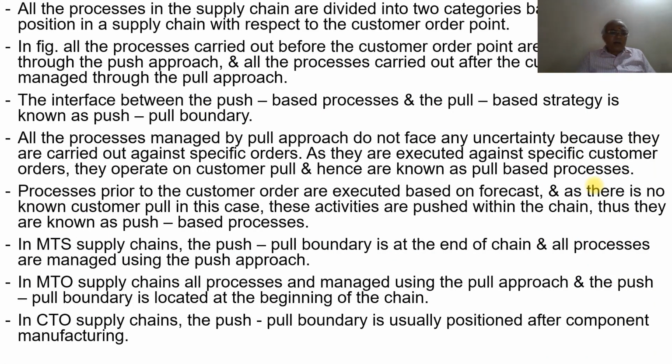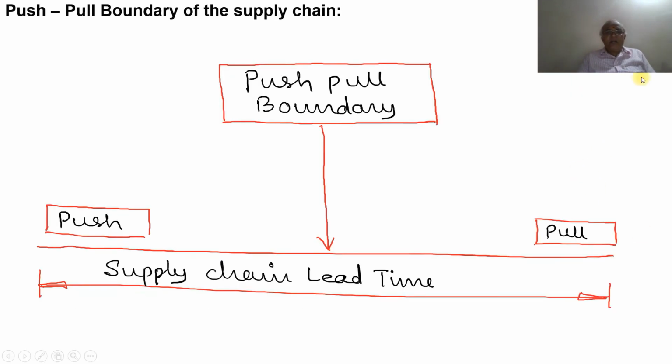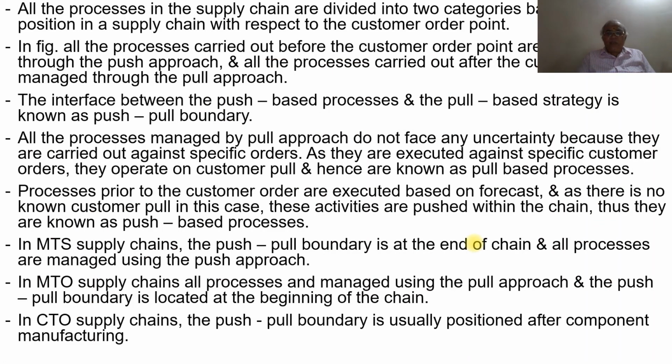Then CTO, configure-to-order supply chain: the push-pull boundary is usually positioned after the component manufacturing. That means in configure-to-order, the customer order is placed after the components are manufactured.